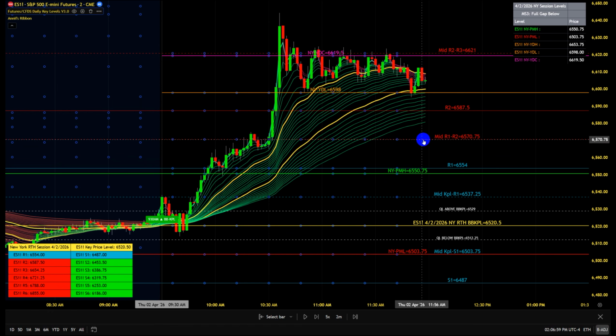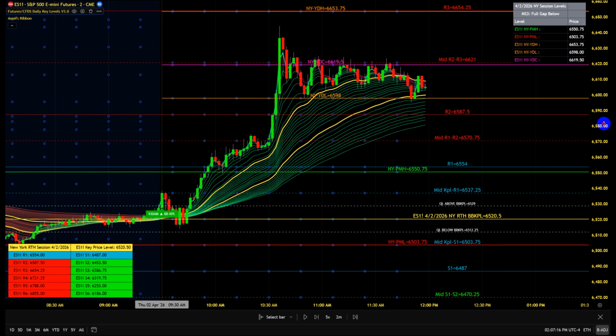Any contextual level after the 1.5 level move also counts as an additional waypoint on regular trades. So you have the YDL here and the YDC here. Also, any midpoints count as well as any additional key levels on that. So if this had kept going up and hit YDH, that would have been one, R3.